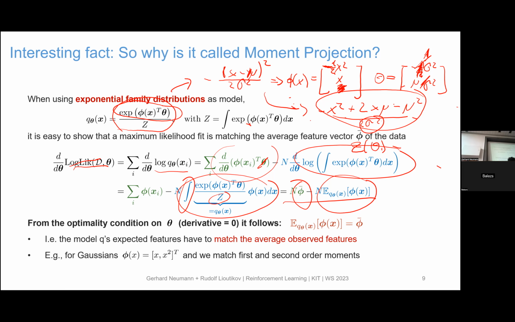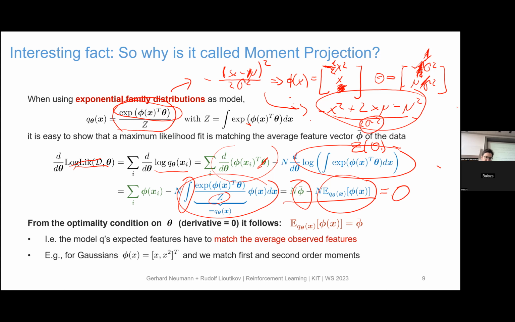But what comes out is the interesting result. We computed the gradient, and an optimality condition for theta would be that the gradient equals 0. Then we know we are at an optimal solution, so basically if this one is 0.